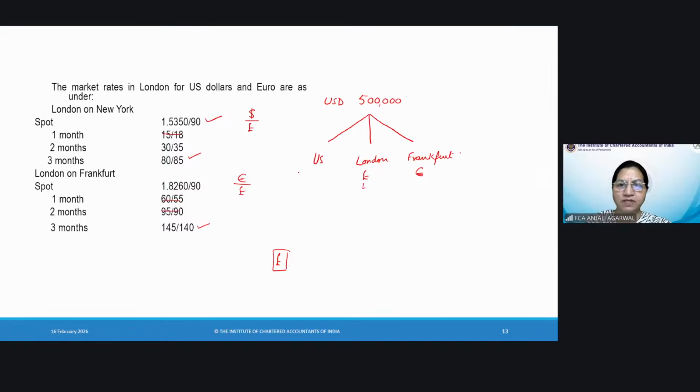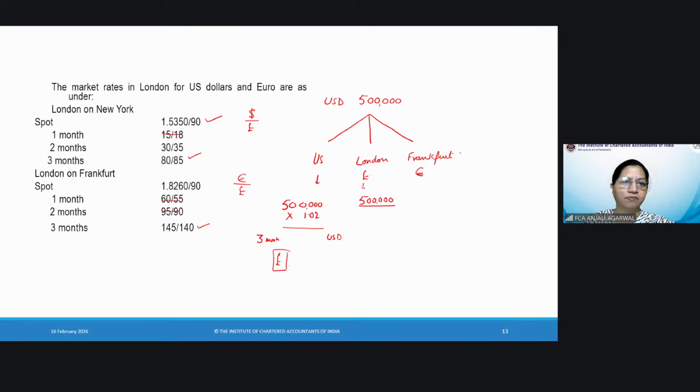But how much will be invested? If you are investing in US, it is 500,000 into 1.02. This will be the investment, and after 3 months, you get these many USD. If you make the investment in pounds, then 500,000 US dollars have to be converted into pounds first.